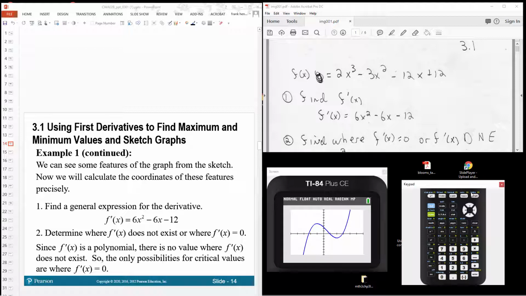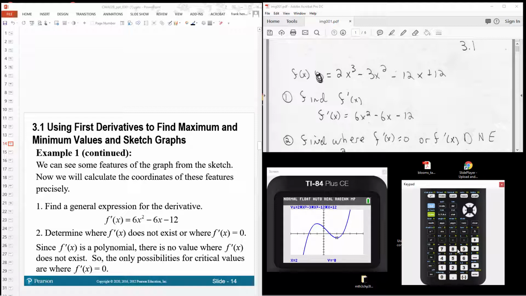Now if I hit the trace button and then enter values, let's say I want to find f of 2. I clicked on the trace button and put a 2 in, and it gives me the output at that point.